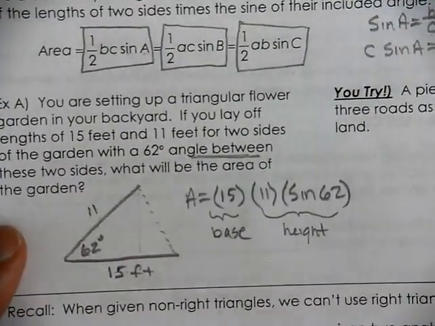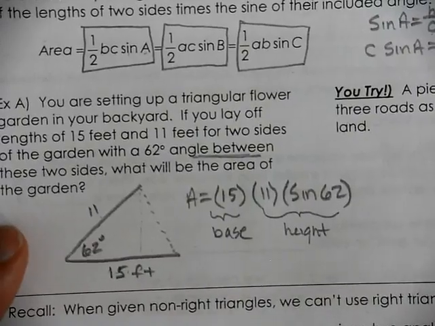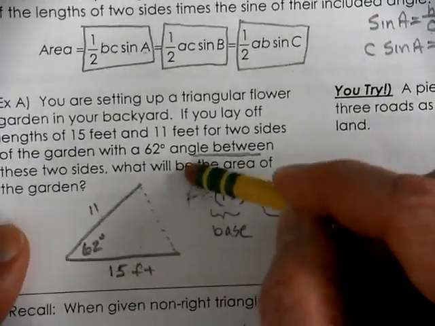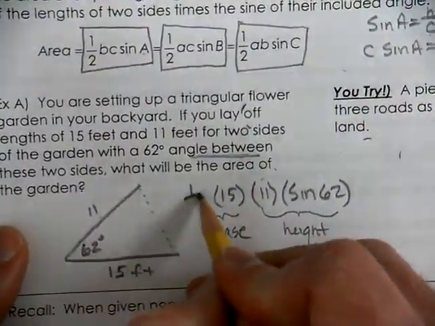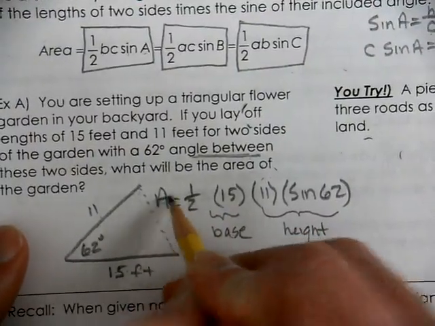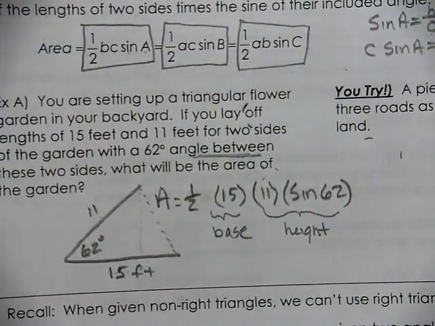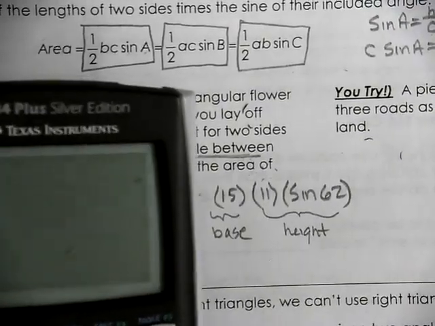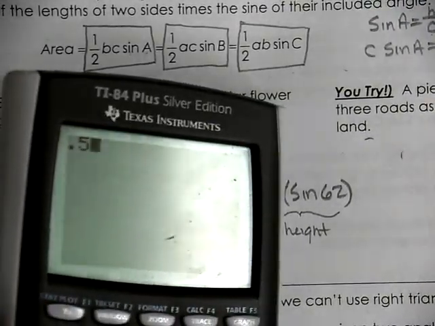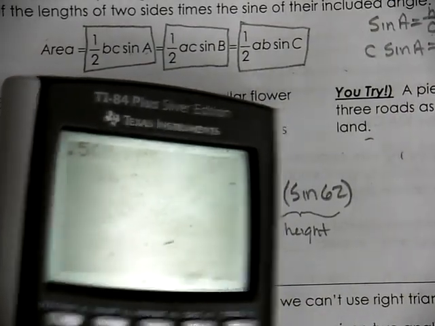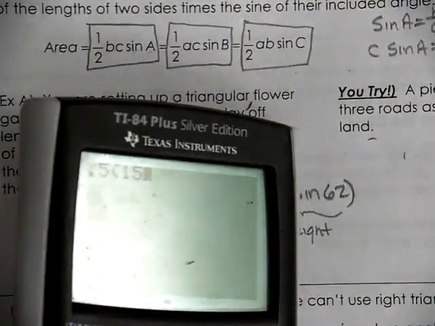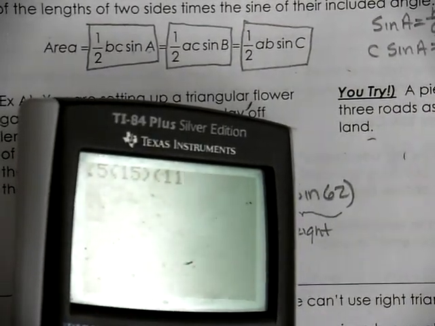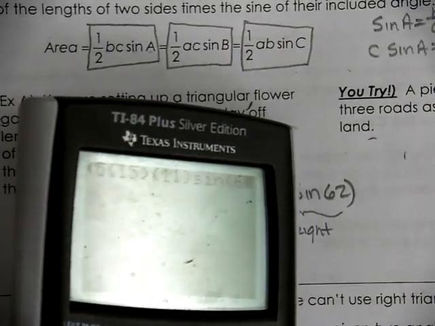What did I miss on my formula? Times a half. So we pull this down and we say half of 15 times 11 times the sine of 62.